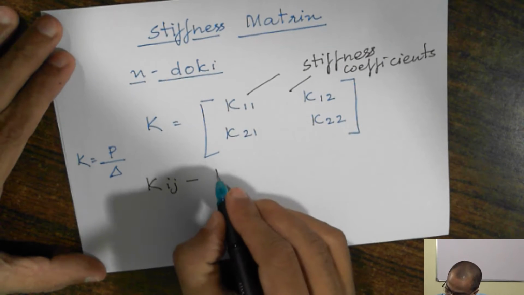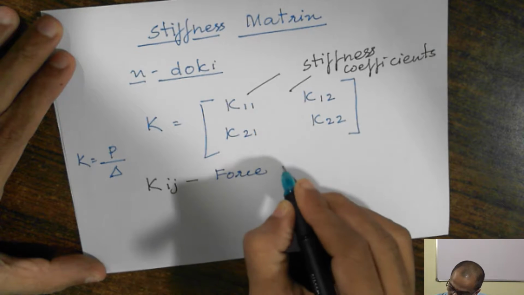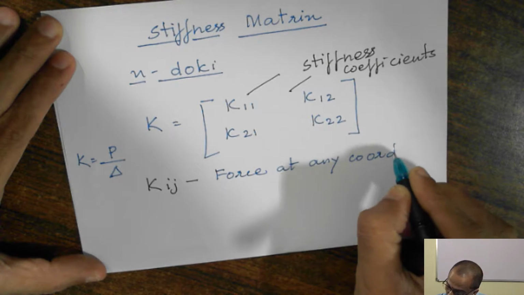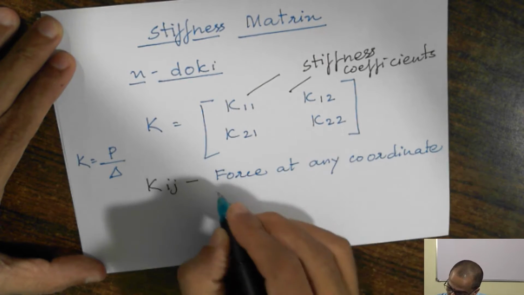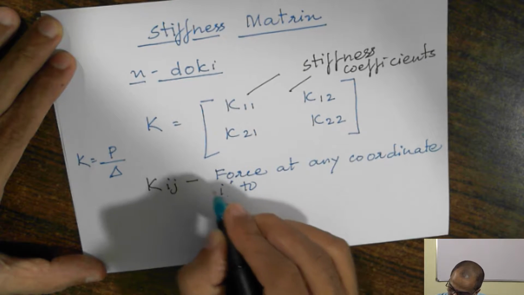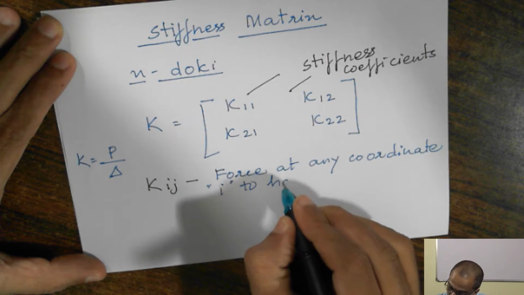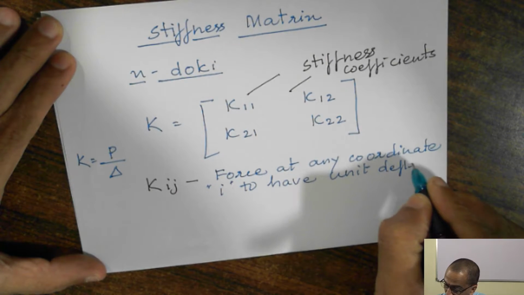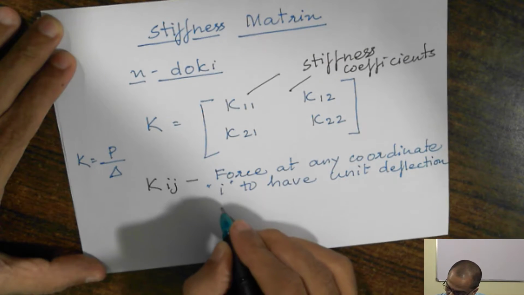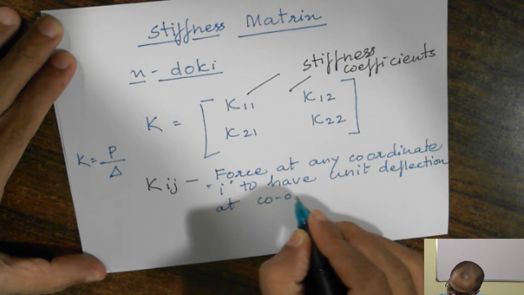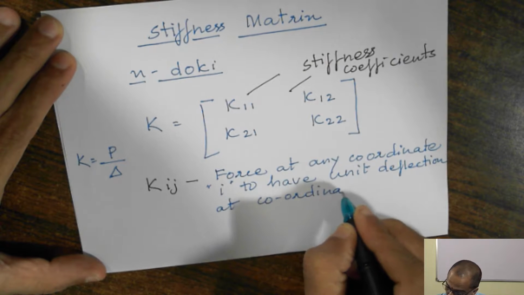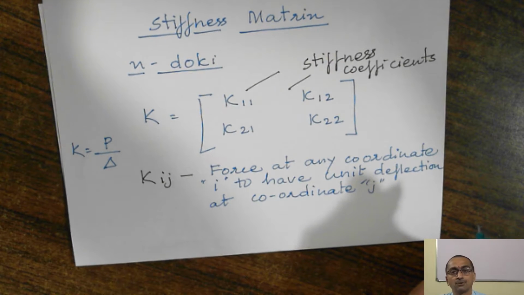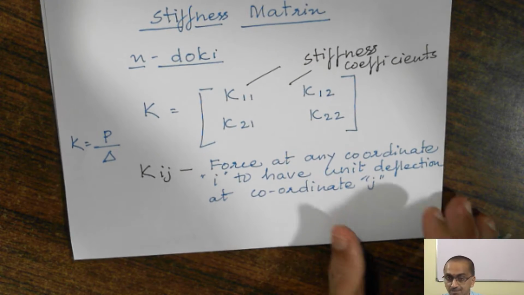So Kij is force at any coordinate i to have unit deflection at coordinate j.